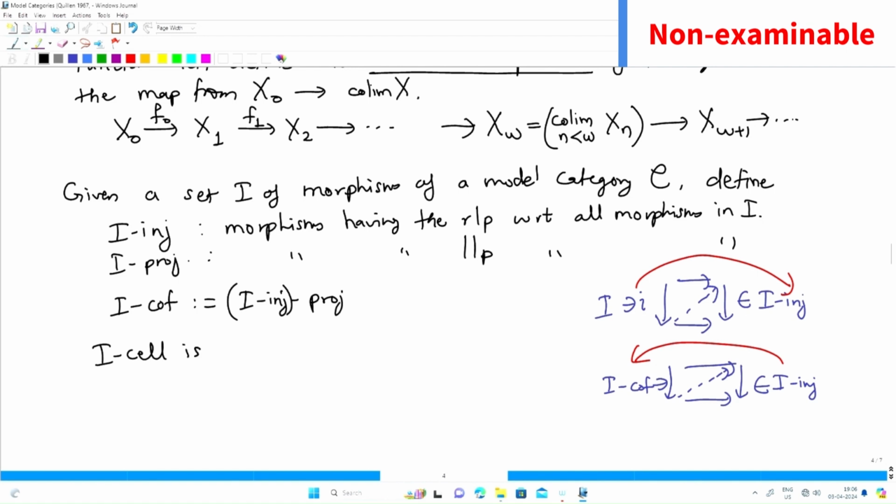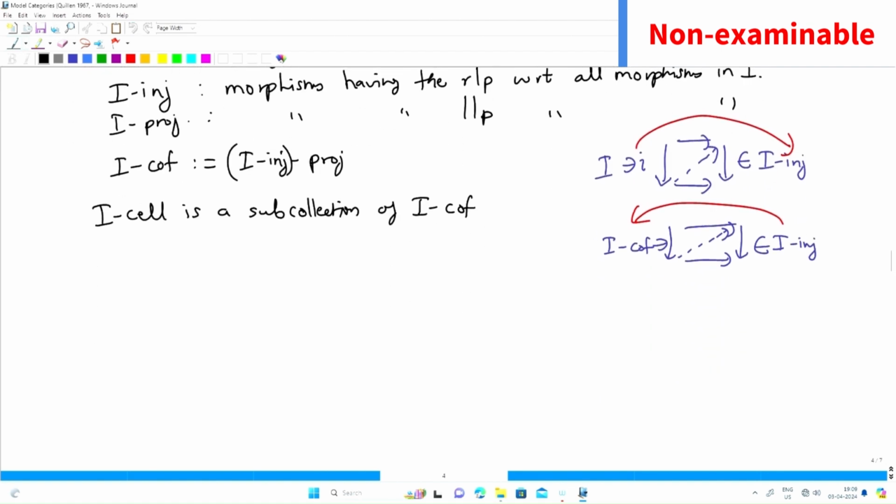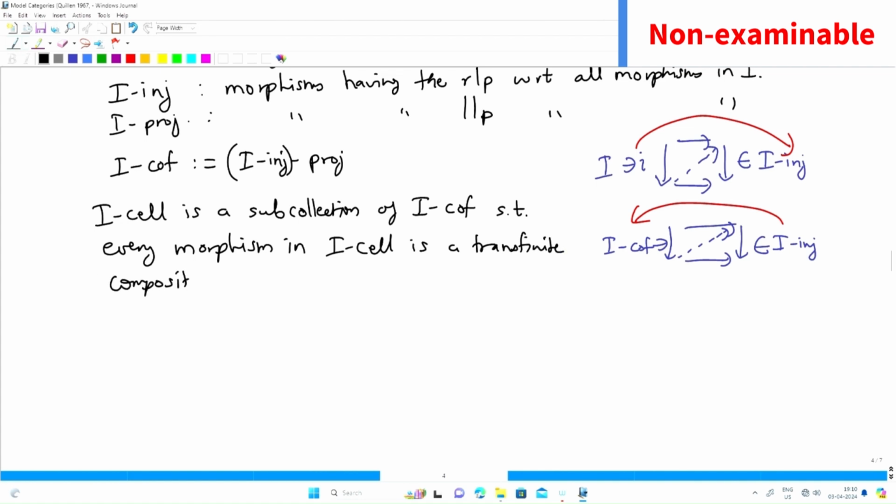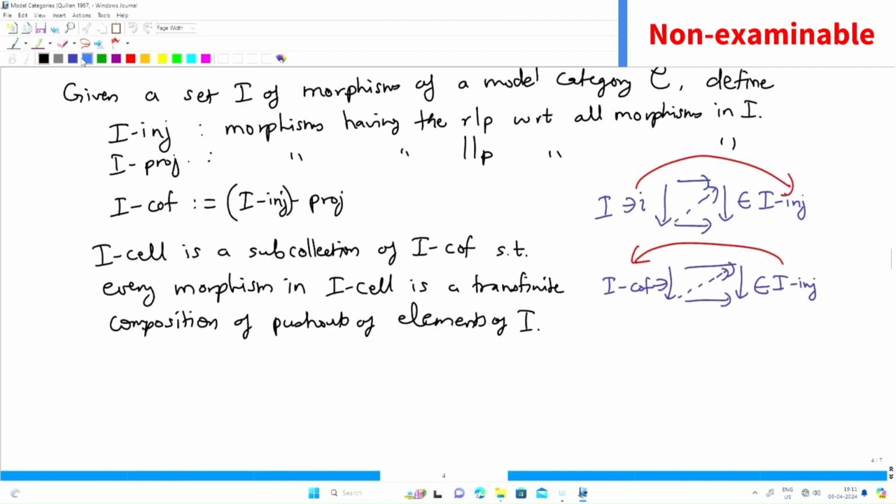So I-cell is a subcollection, we don't necessarily need all of them, of I-cofibrations such that every morphism in I-cell is a transfinite composition of pushouts of morphisms, of elements of I. The elements of I-cell are called relative I-cell complexes.